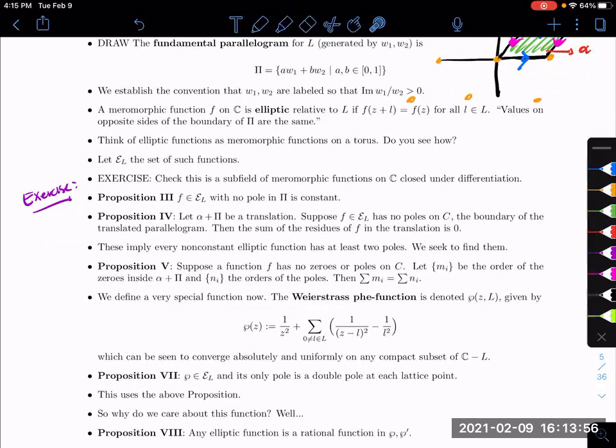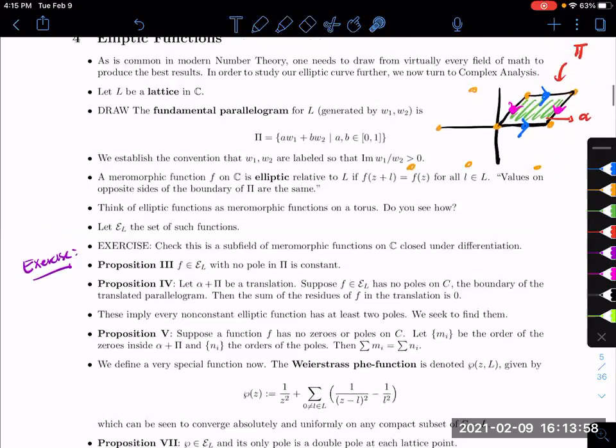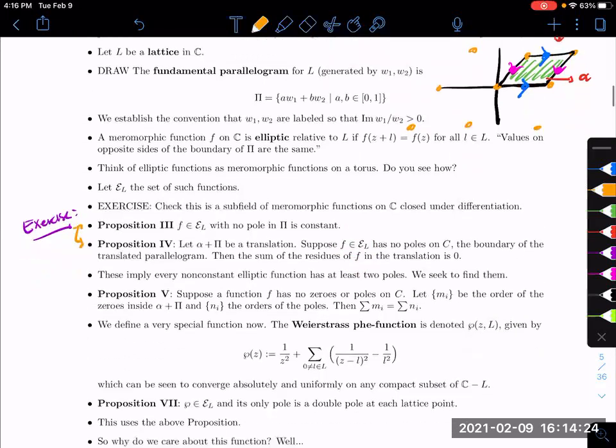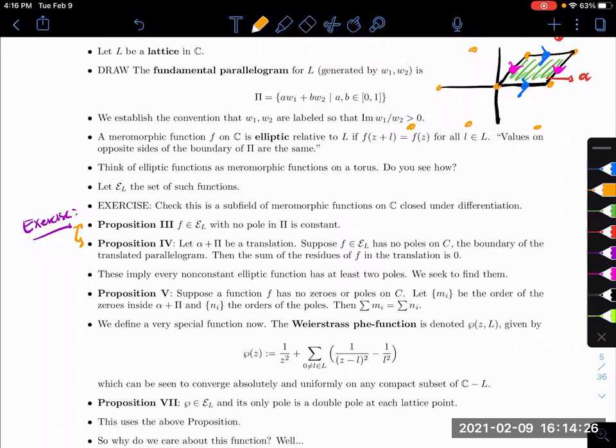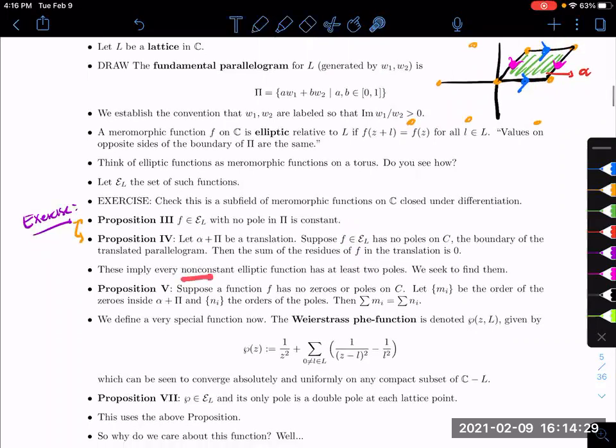Let C be the boundary of the translated parallelogram, and let's suppose that we have an elliptic function that has no poles on that boundary. Then, using the residue theorem, you can show that the sum of the residues of f inside that translated parallelogram is 0. If you put these two propositions together, and again, I'm not going to prove any of this, but you can check it yourself, what you get is every non-constant elliptic function has to have at least 2 poles.